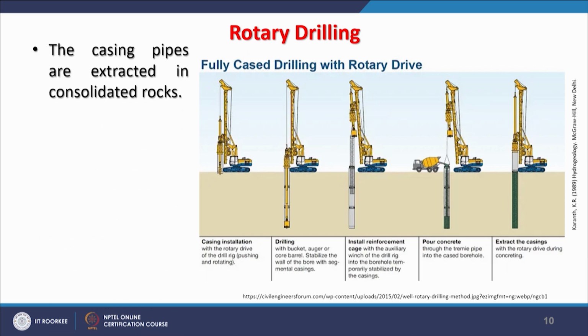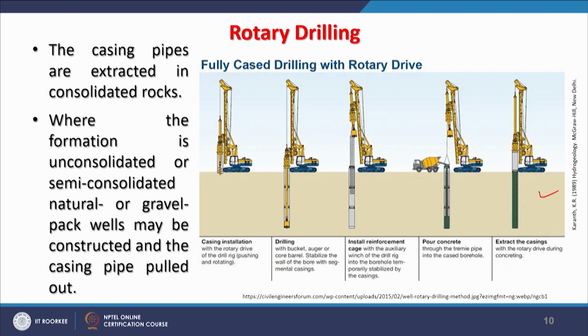In this rotary drilling, the casing pipes are extracted in consolidated rocks, like here if rocks are there. Where the formations are unconsolidated or semi-unconsolidated, natural or gravel pack wells will be constructed and the casing pipe pulled out. In the surroundings this pack is fed basically.